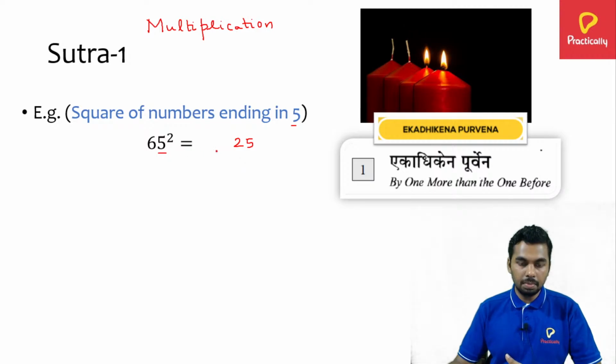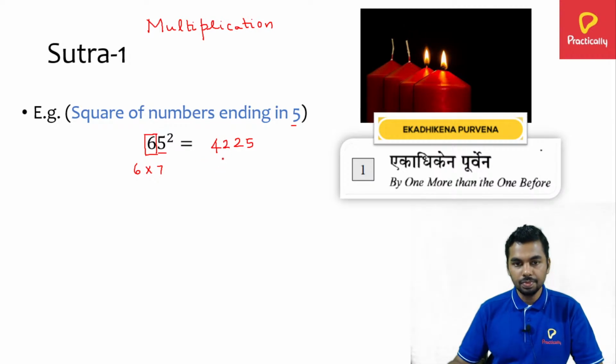Now to find the remaining digits, take the other number, in this case 6. You multiply 6 with 6 plus 1. What is 6 plus 1? 7. So you multiply 6 with 7. The answer is 42. So the answer to 65 squared is 4225.